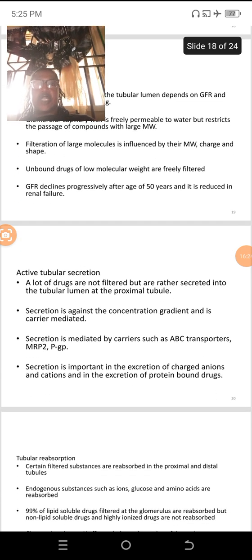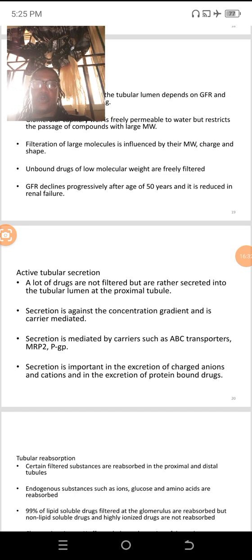A lot of drugs are not filtered, but are secreted into the tubular lumen at the proximal tubule. This secretion is against the concentration gradient, and it is carrier mediated.